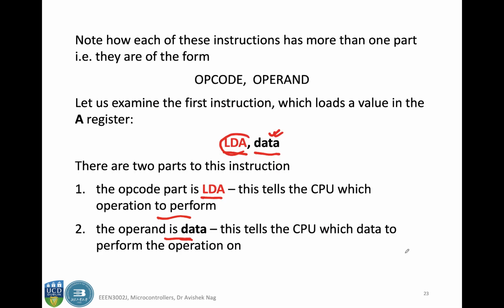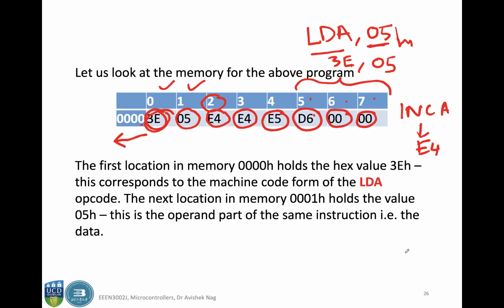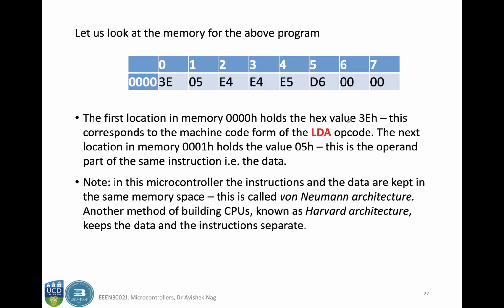So these 3 bytes are the opcode of jump, which is D6, and the operand, which is a 16-bit address given by 0000. What I just said is summarized in this slide, and this is the final memory organization of this program.